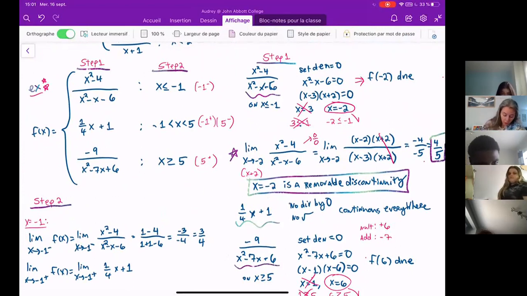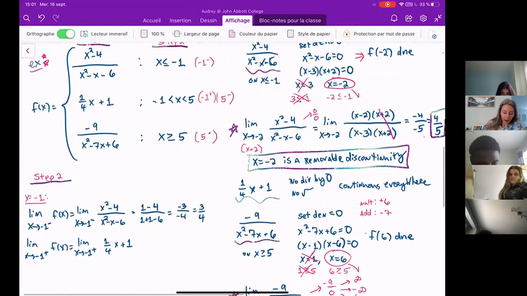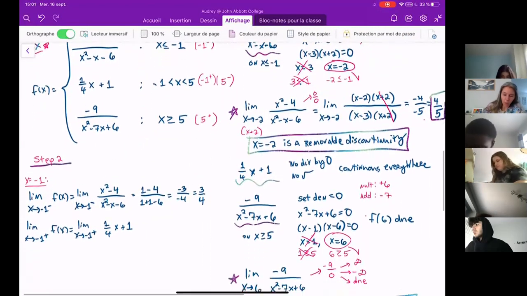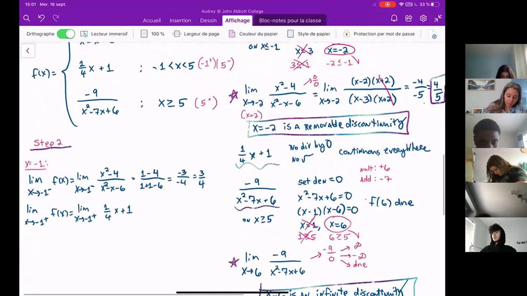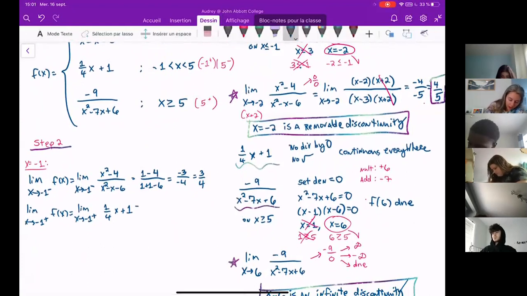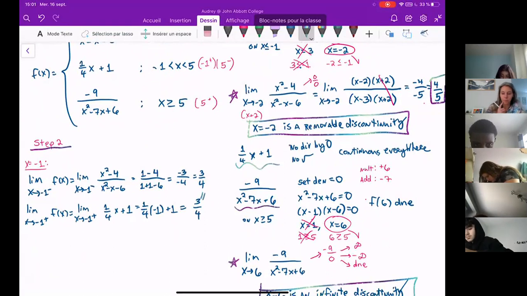Okay, so then from the right, we said -1 from the right, that's 1/4 x plus 1. So again, I'm going to do 1/4 times -1 plus 1, and that gives me 3/4. These are equal, which means that I need to look at f of -1.